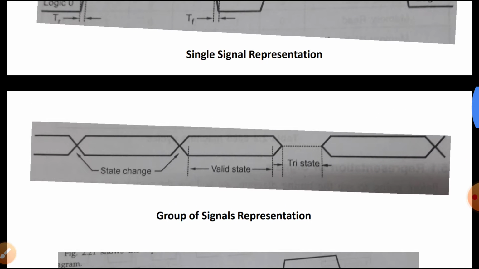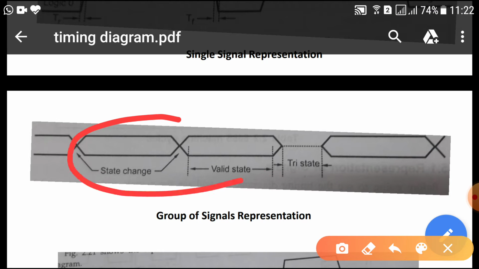Now, group of signals. A group of signals is also called a bus, for example, address bus, data bus. To avoid complication in the timing diagram, these signals are grouped together and shown as per the figure. It is the group representation.